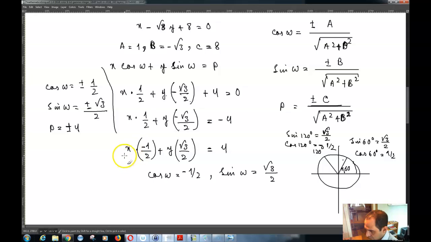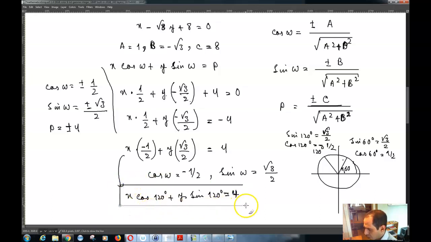So then you can write your equation as x times cos of 120 degrees plus y times sine of 120 degrees is equal to 4, and that is the equation of your line. Okay?